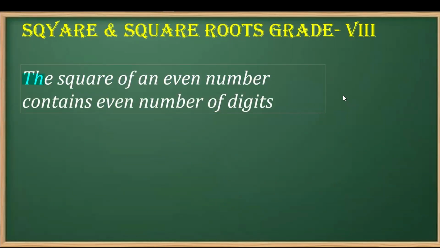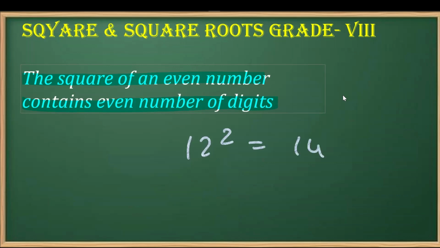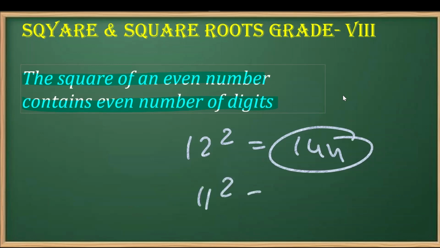The next is: the square of an even number contains an even number of digits. If I take 12, which is an even number, and find its square, 12 square is 144. But you can see that it has an odd number of digits. Let's say I take 8, 8 square is 64, that has an even number of digits.